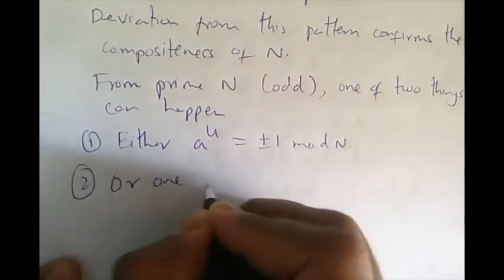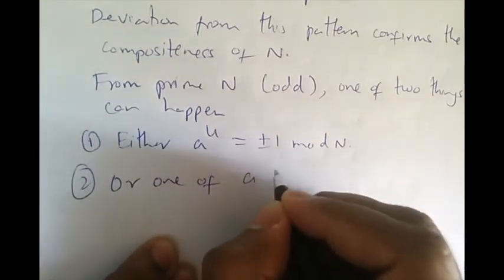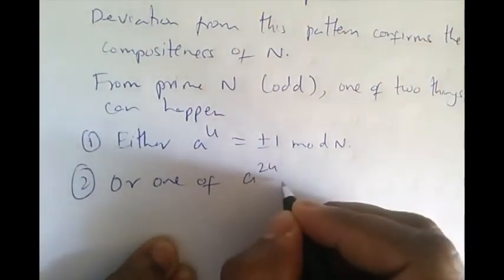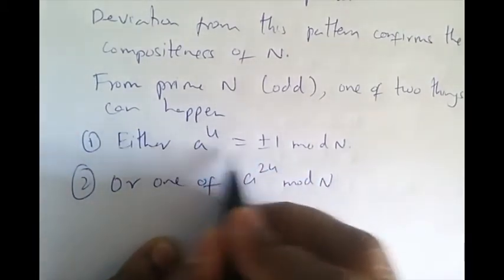Or one of a to the 2u mod n. So a to the u mod n is the first one.